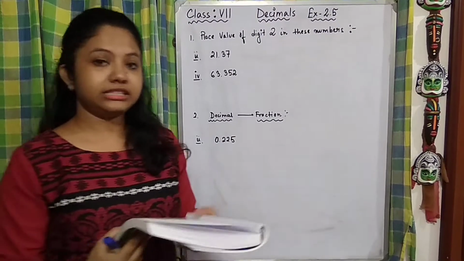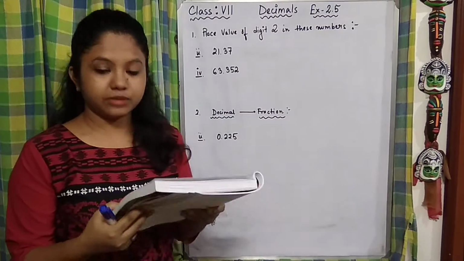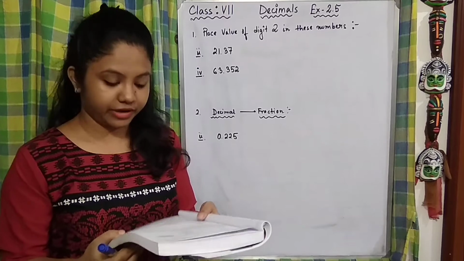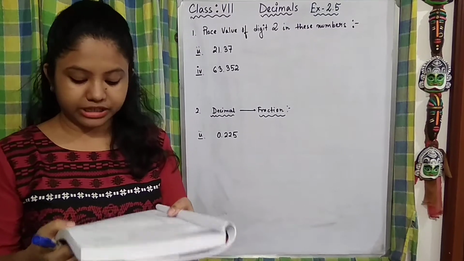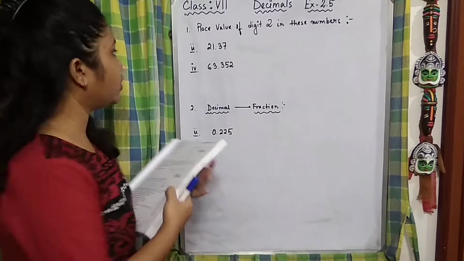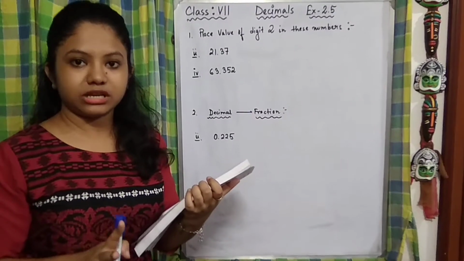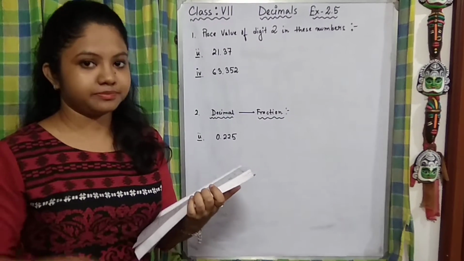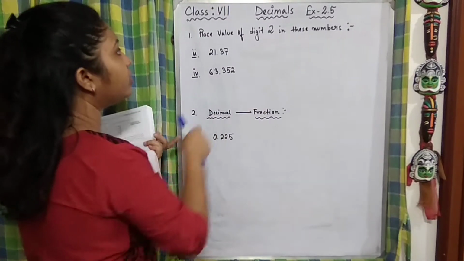So let's start with number 1. Please take out page number 45, where it has been said: write the place value of the digit 2 in the following decimal numbers. I have taken two decimal numbers here and left two for you. So we have to find out the place value.